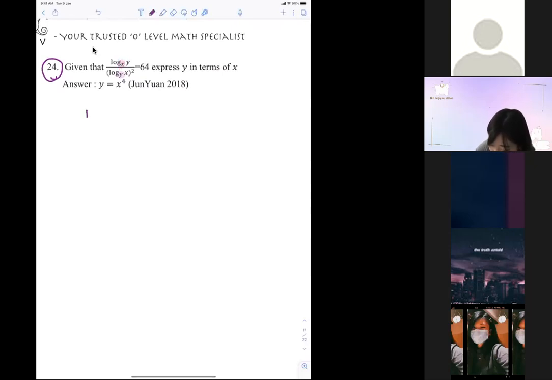So if you want to change to base y, it is log y over log y. The top one goes up, the bottom one goes down. The longest line here, you can change to divide. Okay, this one is gone.